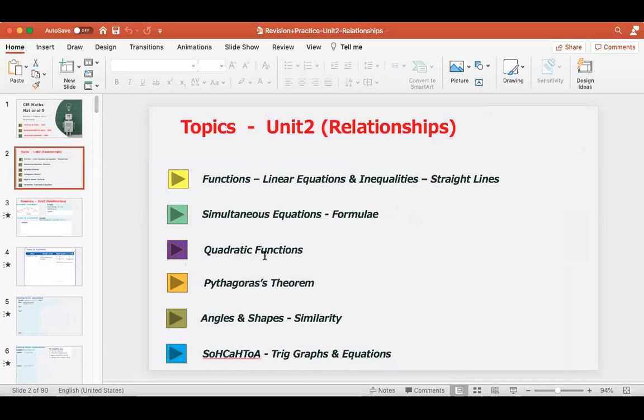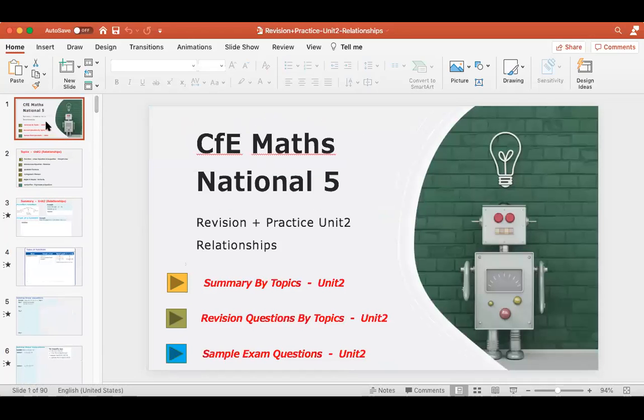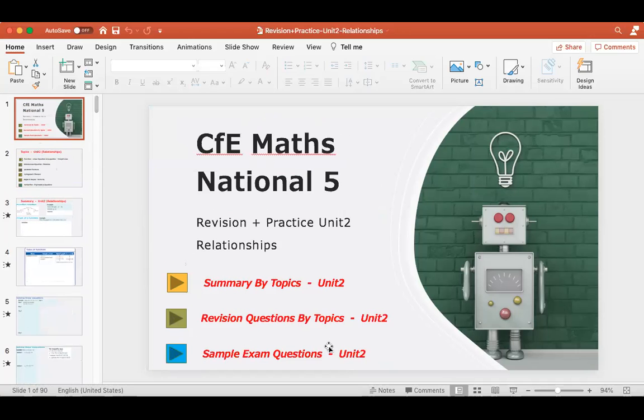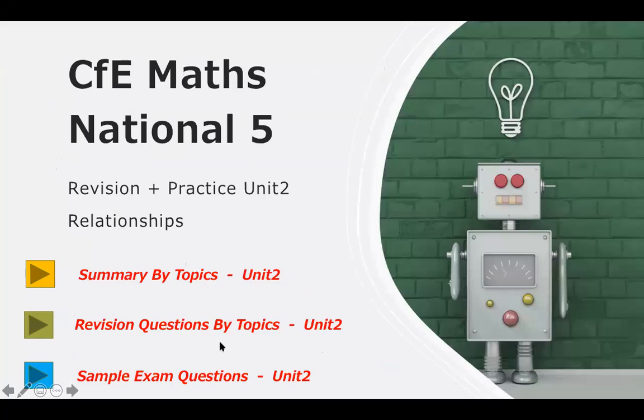But what I wanted us to work on today is looking at some revision questions by topics. So we can come back to the topics if we try a question and find it quite hard, okay? So let's go into revision questions by topics.